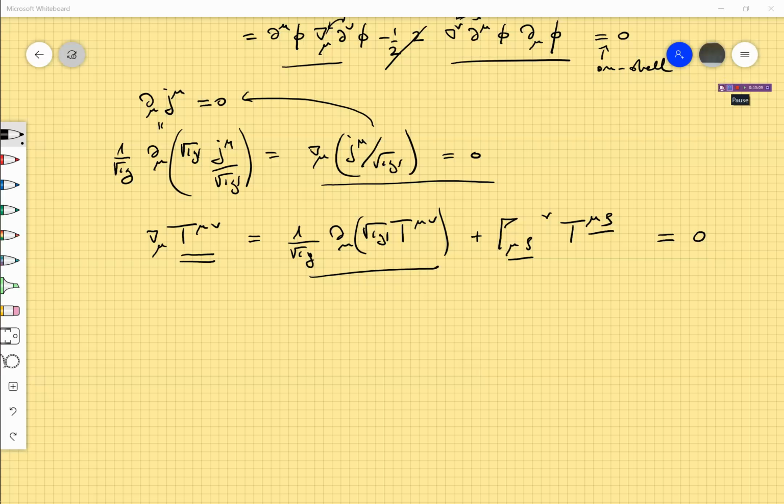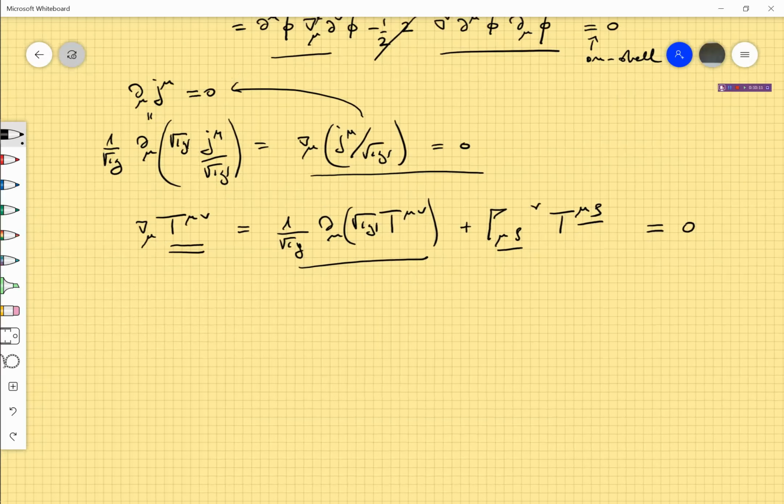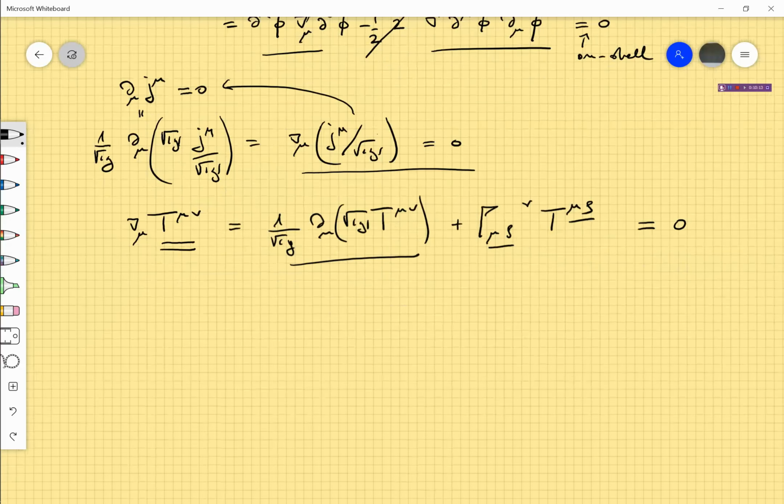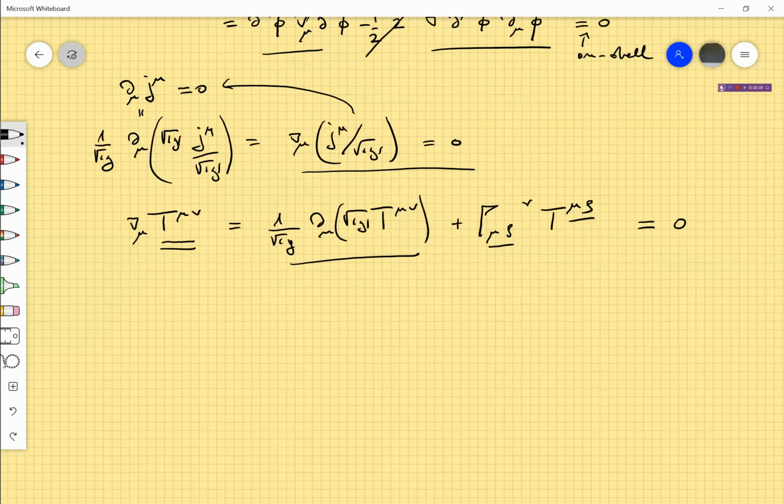So the question now is, if this is not a conservation equation, it is some sort of identity, and where does this identity come from?